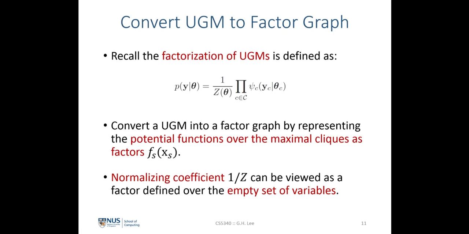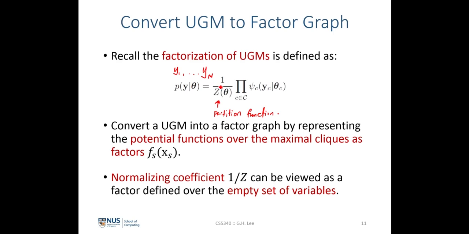Recall that the factorization of an undirected graphical model is given by this form over here, where Z is the partition function. It's the partition function that enables us to normalize the potentials into a valid probability distribution. And y over here are all the random variables, say for example y1 all the way to yn.